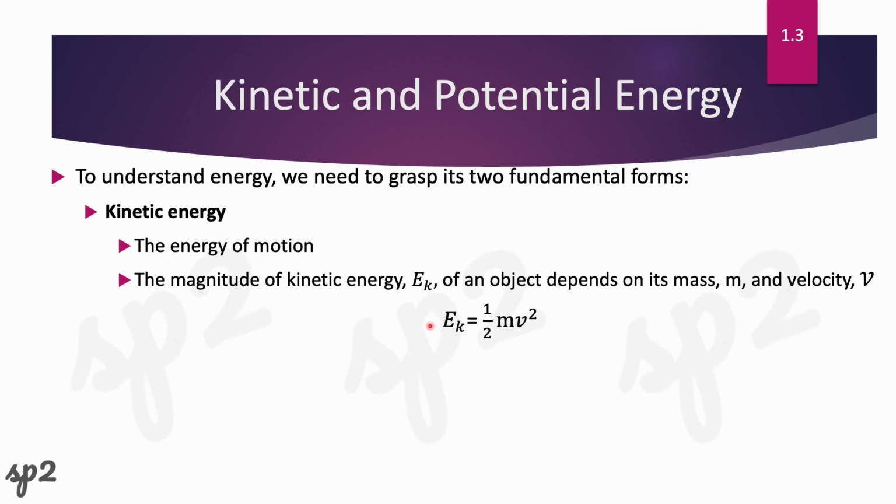Okay, and here's our equation. Your kinetic energy equals 1 over 2. So don't forget that we have this factor here. And then I have the mass. We also have the velocity squared. And as you can see, if I have bigger mass, I'm going to have more energy. If I have higher velocity, I'm going to have more kinetic energy as well, right?